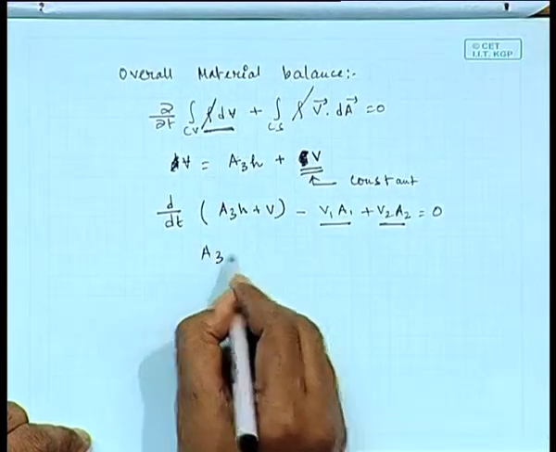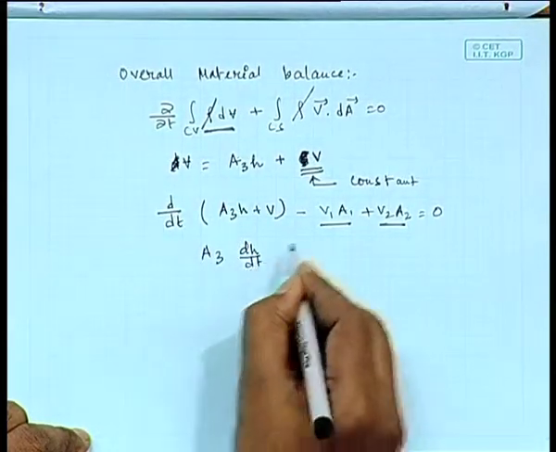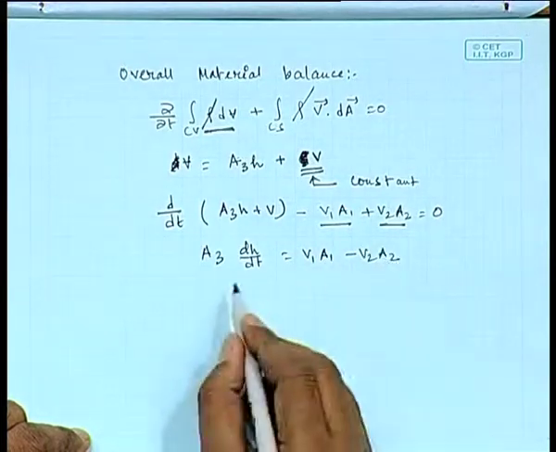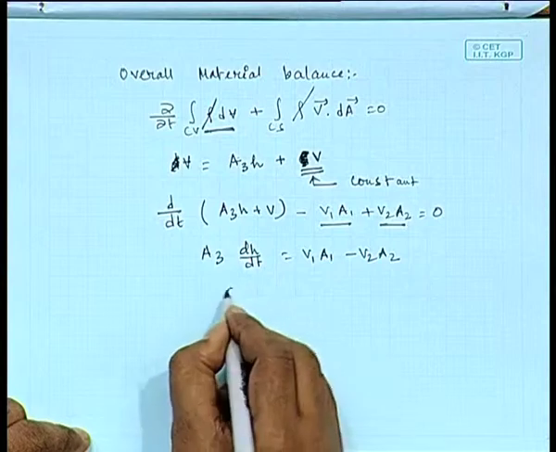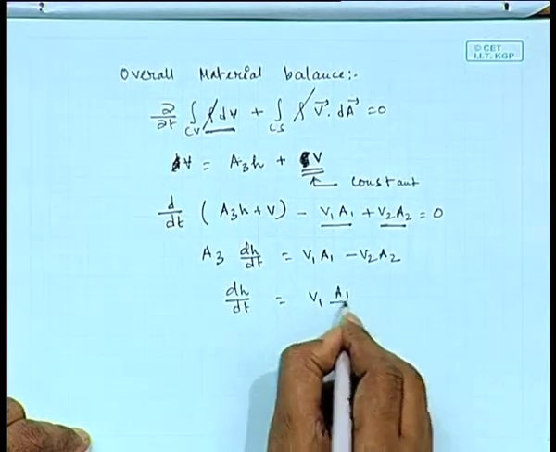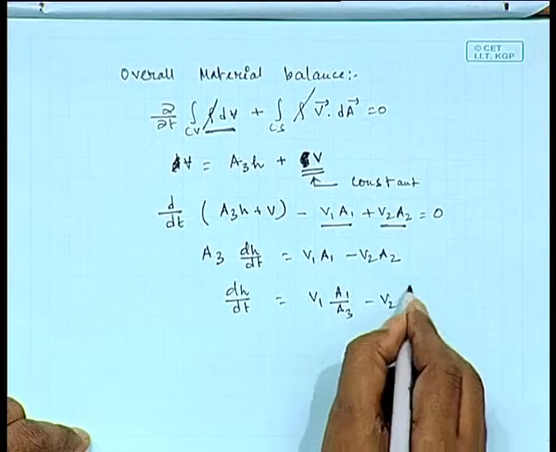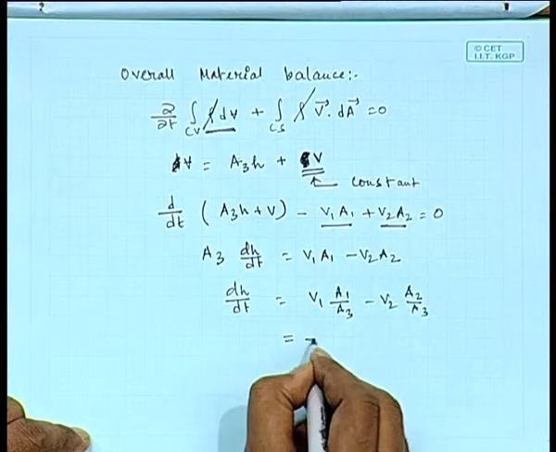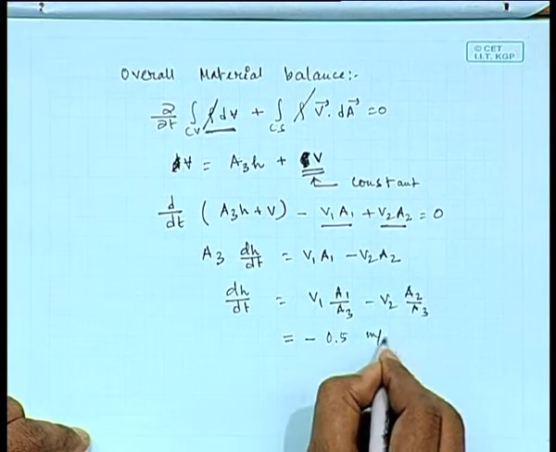So, you will be getting A3 dH/dt will be V1 A1 minus V2 A2, and if you put all the numbers, dH/dt is basically V1 A1 by A3 minus V2 A2 by A3, and it turns out to be minus 0.5 meter per second.